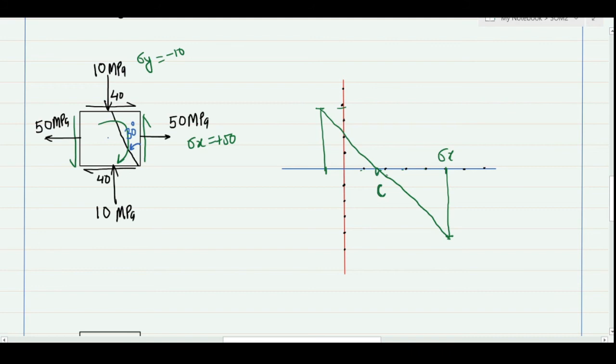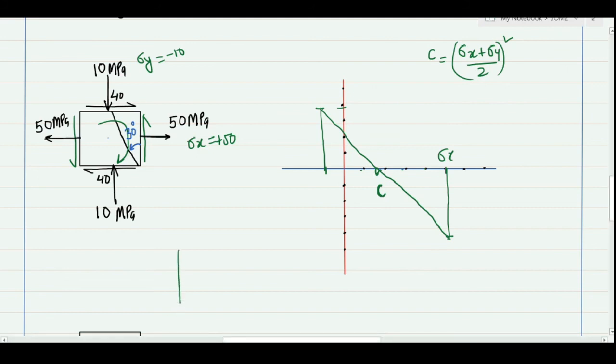So here please remember that the center of the Mohr circle always has a coordinate that is (sigma x plus sigma y) by 2. Please remember it, and this is nothing but your normal stress value on the maximum shear stress plane. Please understand.